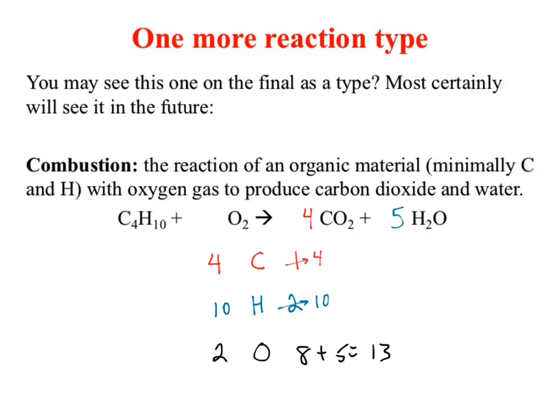Which means the number in front of C4H10 is 2. We're going to leave the oxygen alone for the moment because we haven't done anything with that number yet. We don't know what belongs there. I have done something with the 4. I placed a number there intentionally. So that's going to get multiplied by 2. 4 times 2 is 8.